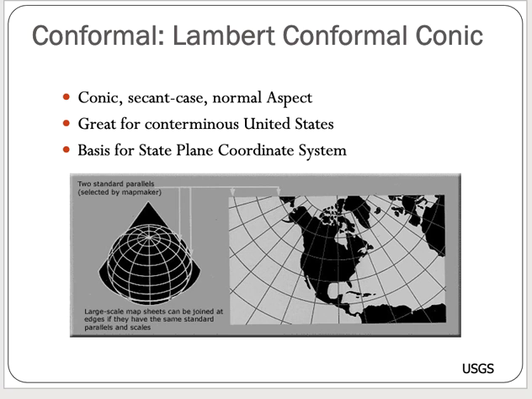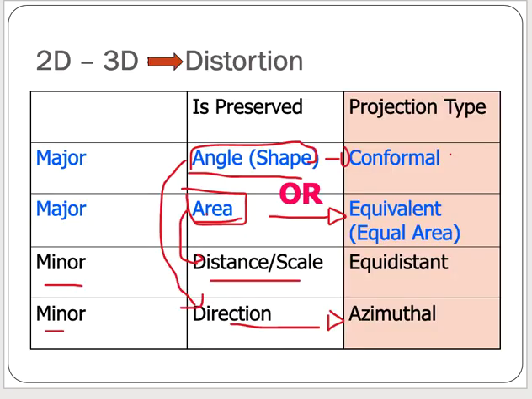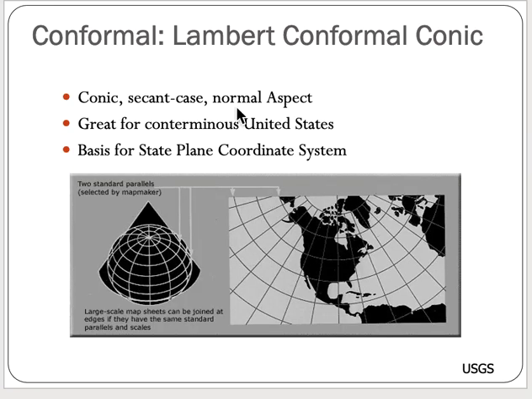So for conformal projection type, one conformal projection type that's preserving the shape is the Lambert conformal conic. Again, this has a conic projection surface, which is a cone surface wrapped around the sphere.